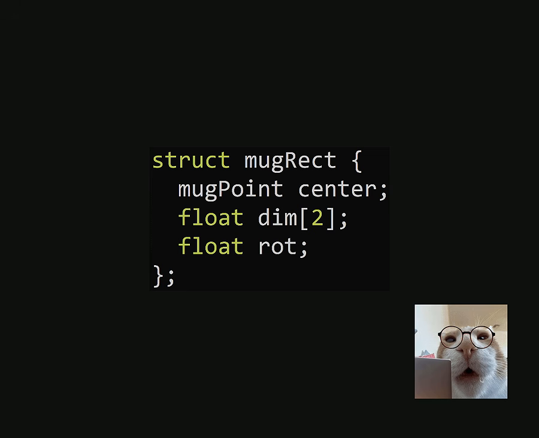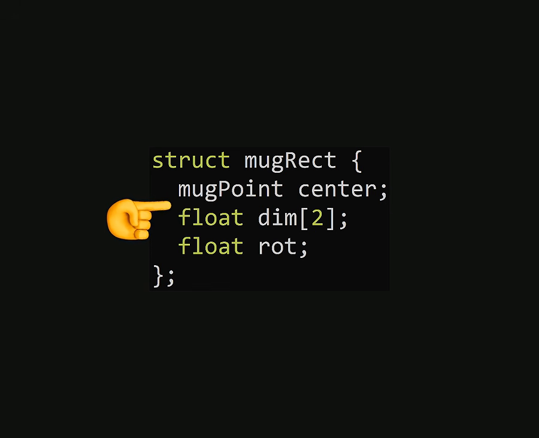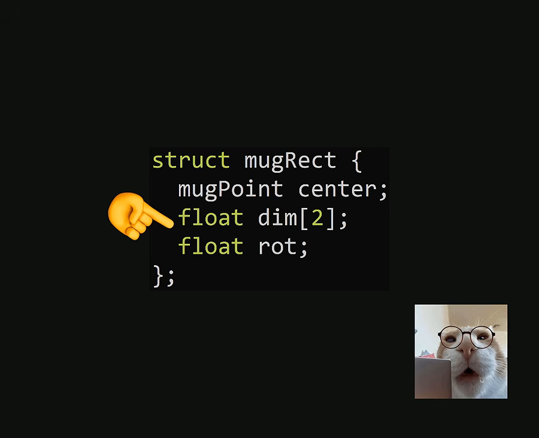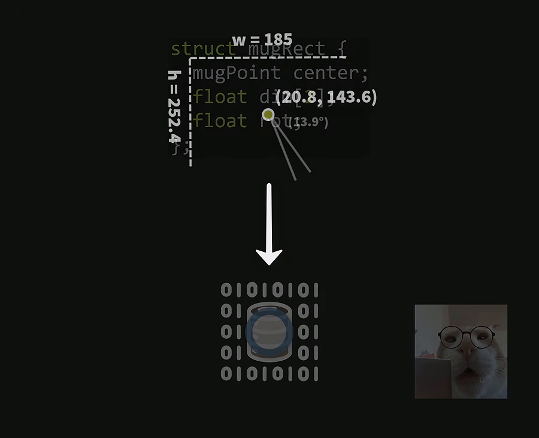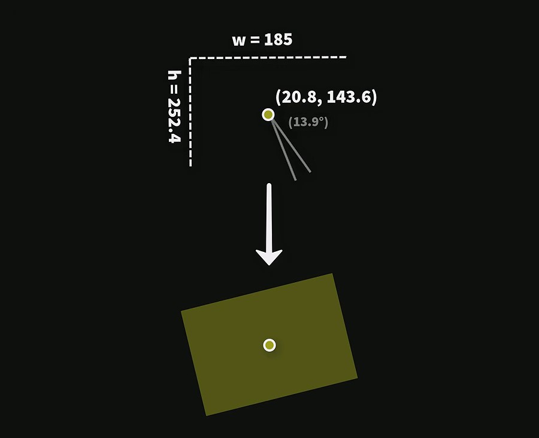However, this is the first object whose definition is quite different from how it would be represented in vertex form, since I decided not to define mugrect as 4 points, but instead 1 center point with a width and height and rotation. This means that when I'm converting a mugrect into actual vertex data, I need to expand it into 4 vertexes, which includes calculating the position of all 4 vertexes rotated around the center.